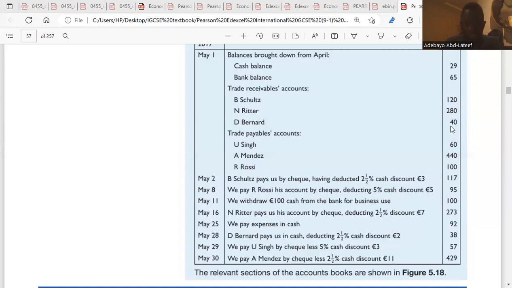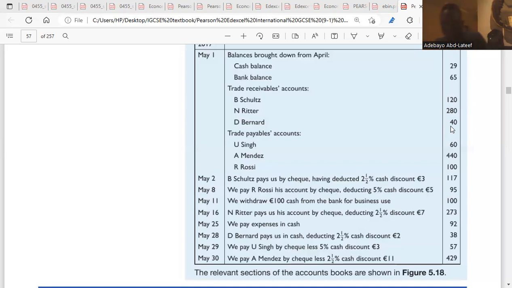Yeah. Then we have on May 29, we pay Yusign by check less 5% cash discount. So we paid Yusign, who is a credit supplier. We are owing Yusign 60 euros, right? We paid by check, but 3 euros discount was given.